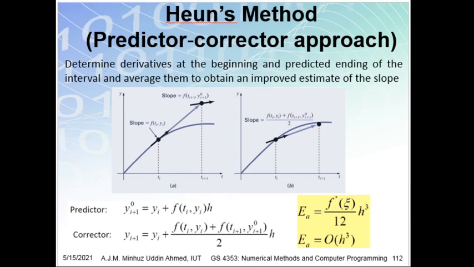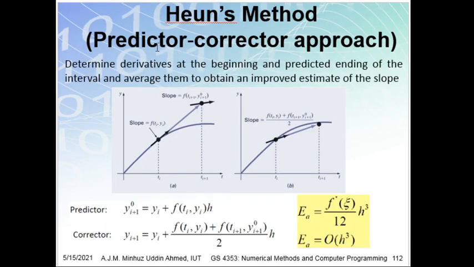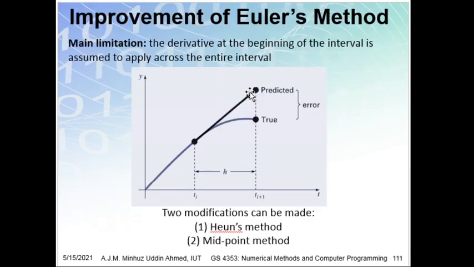This says the prediction, what we have predicted, should be corrected. That's why we say this predictor should be corrected. We cannot use this slope. Rather, I'll have to change my prediction so that it gets close to this true value.